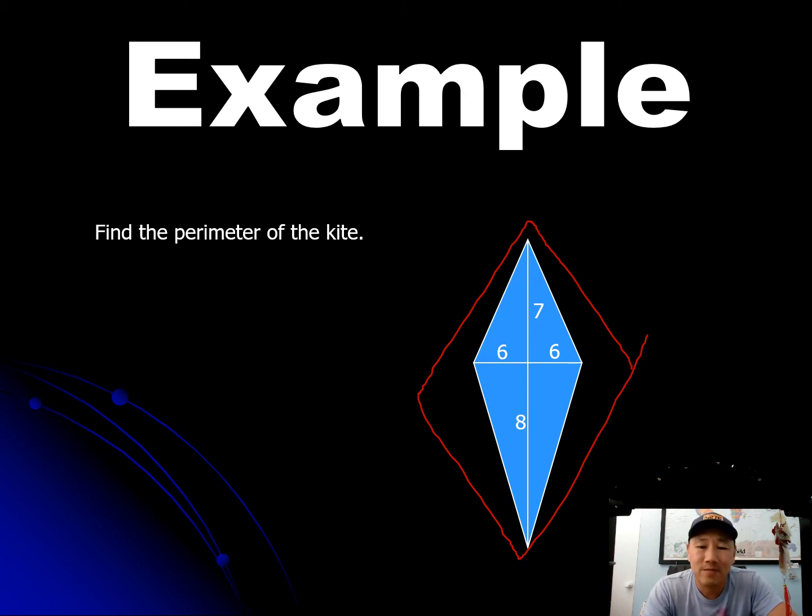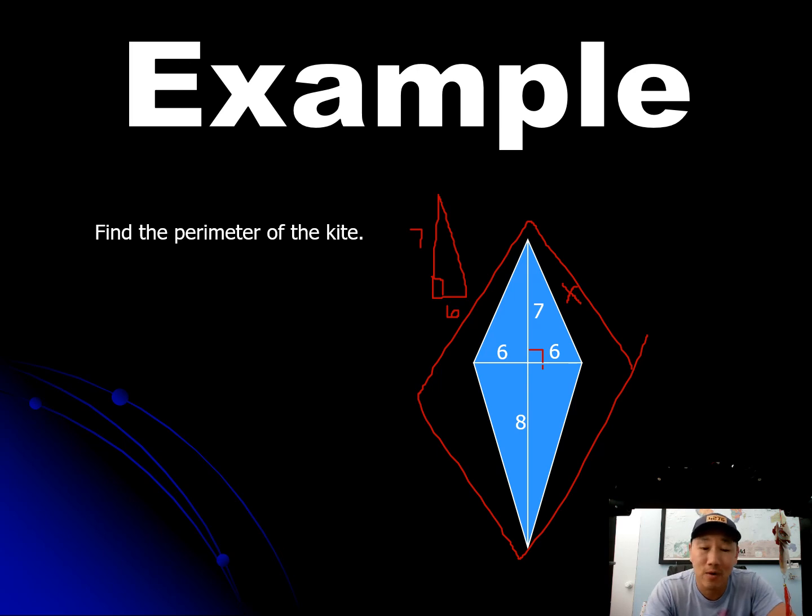So if you remember that theorem for a kite, it turns out that inside the kite is always 90 degrees. And if we look at just this little triangle, we have a right triangle. The legs are 7 and 6. We are looking for this piece, the x.